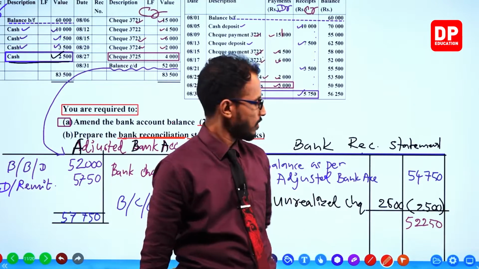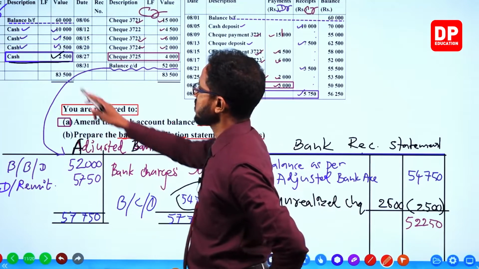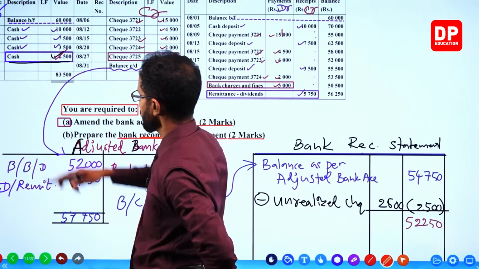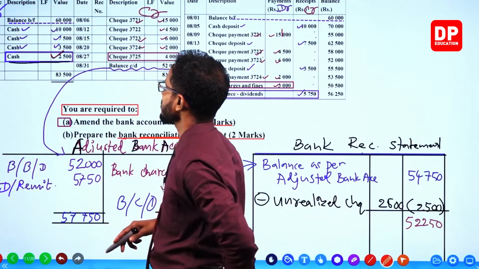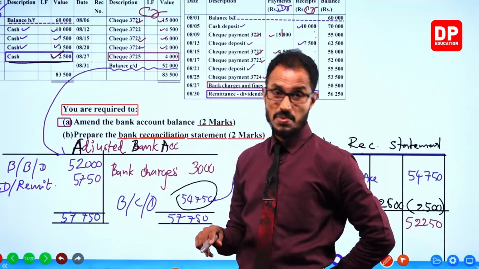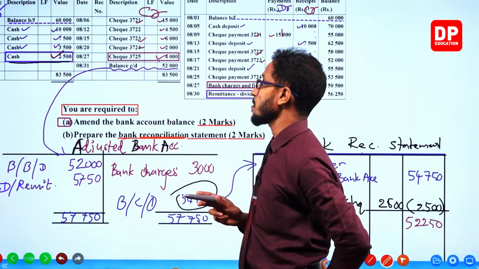Yeah, it's correct. Then we have taken this item too. Now the only item remaining is this one. You have to take this one also.